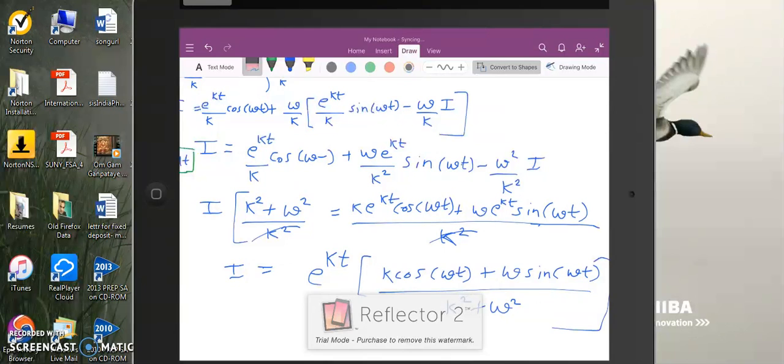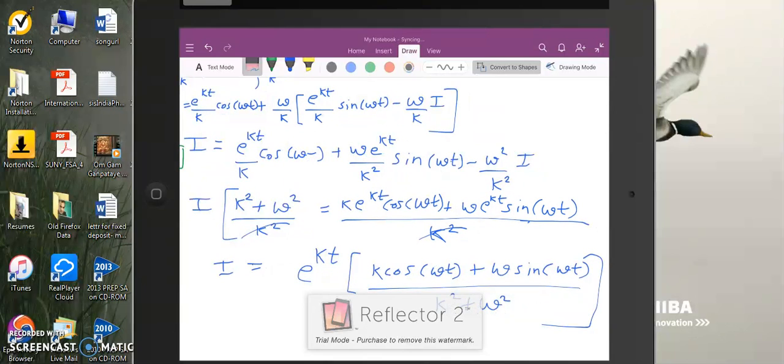And this is the rest of my solution, where I basically multiply the omega over k in and then bring the I to the left side, which I have over here, k squared plus omega squared over k squared. This was originally 1 plus omega squared over k squared, which I wrote in this form.